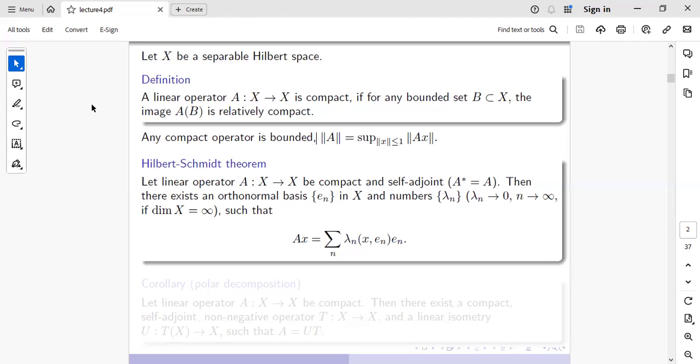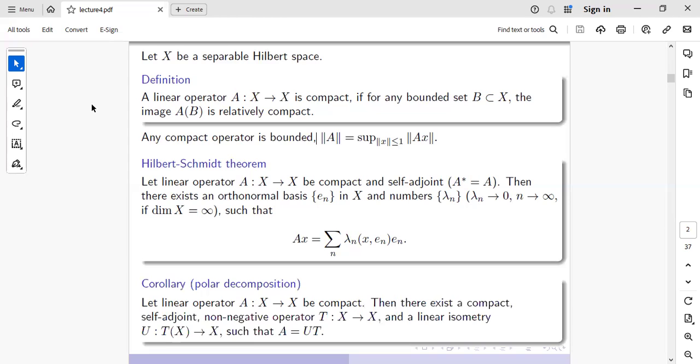From this, we can get the so-called polar decomposition of a compact operator. So if operator A is compact, then there exists a compact self-adjoint non-negative operator T in X, and a linear isometry U that is defined on the range of T into X, such that A is equal to the product UT.